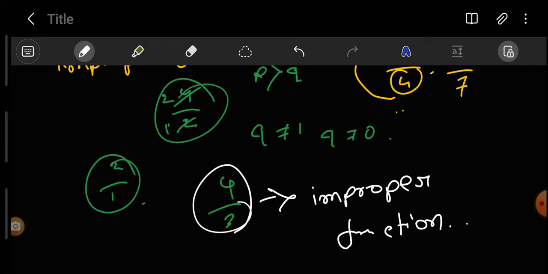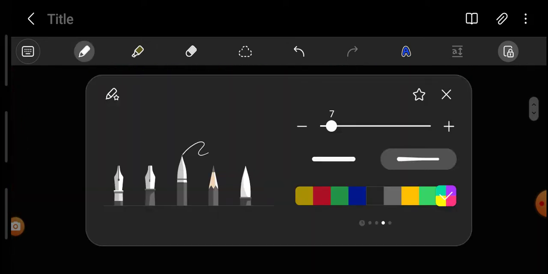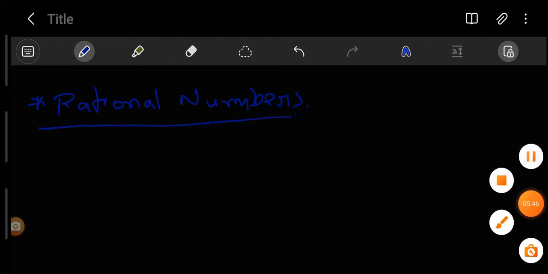Now let's talk about rational numbers. Have you ever heard the name of rational numbers? So what are rational numbers?